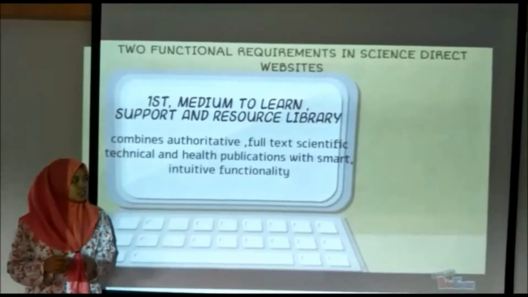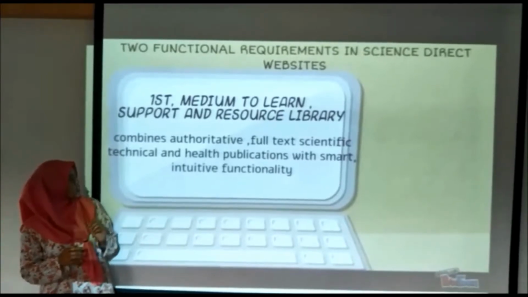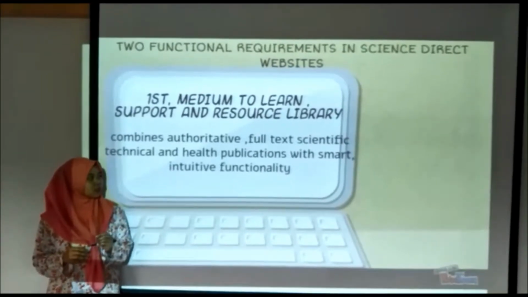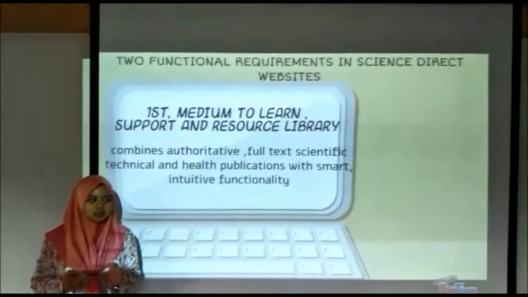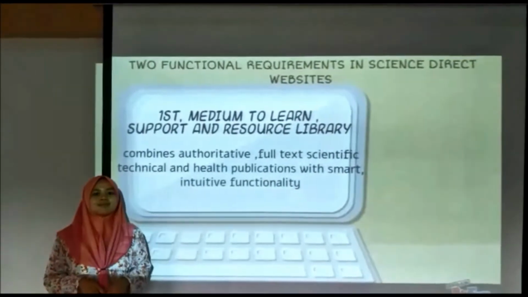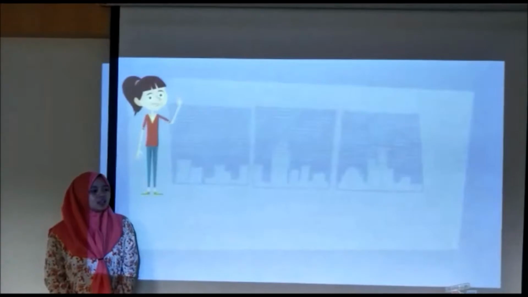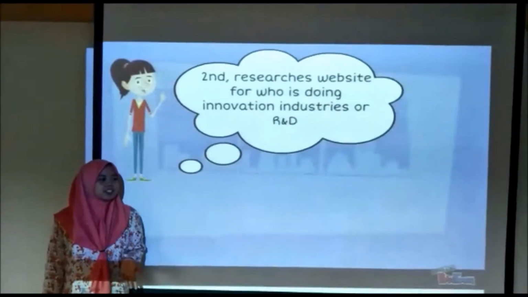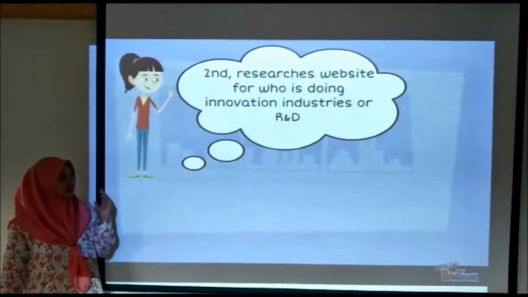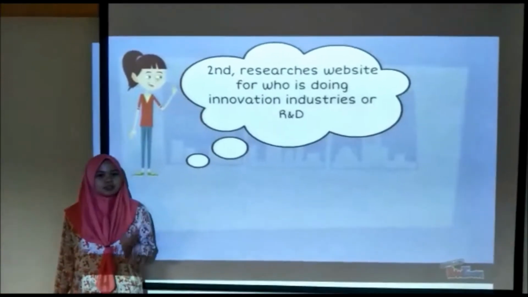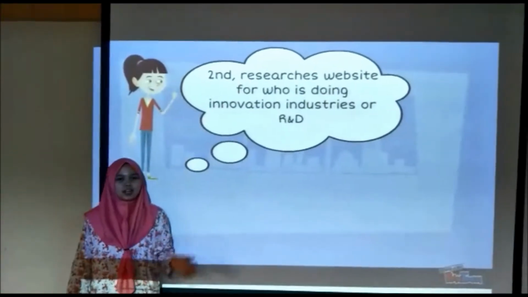Algorithm full like scientific, technical, and health publication with smart initiative functionality. Alright, and then for the second one, researchers website for who is doing innovation in drug industries or R&D.